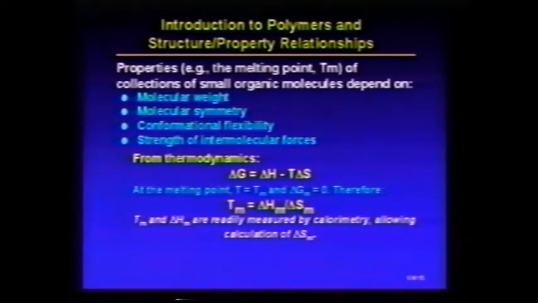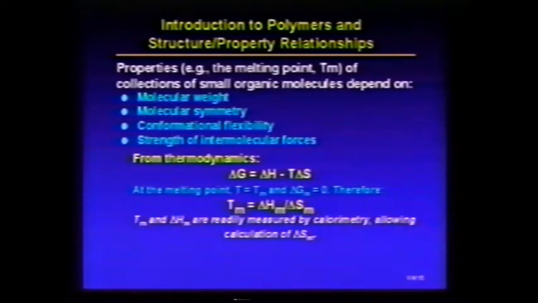From basic thermodynamics, especially the second law of thermodynamics, you'll recognize delta G equals delta H minus T delta S. I would like to focus, given our limited amount of time, on the melting point as our key property that we will discuss and use as a handle to try to relate structure to properties.